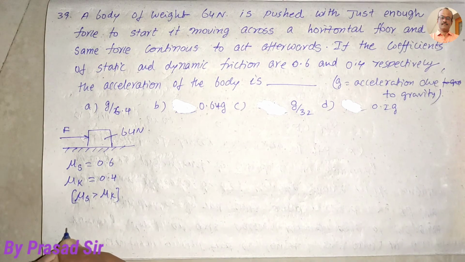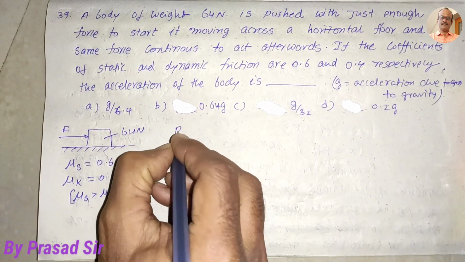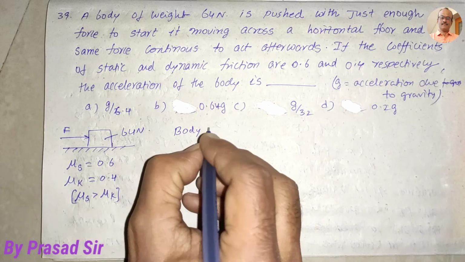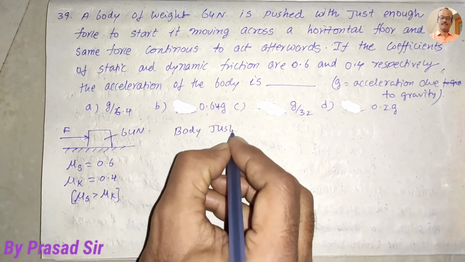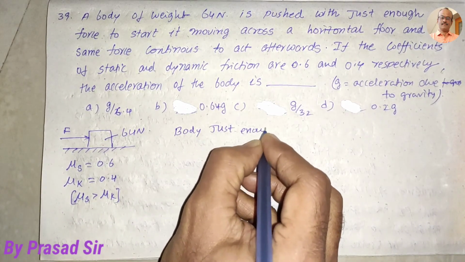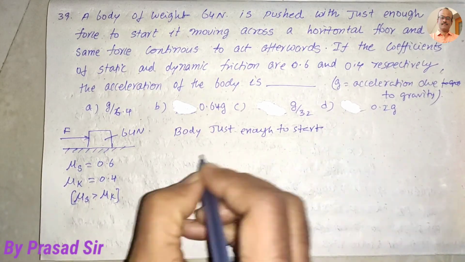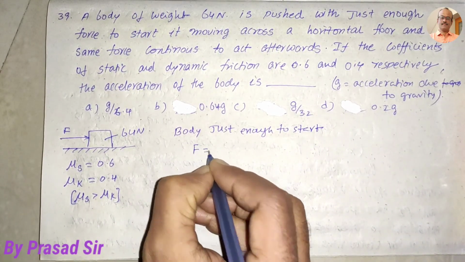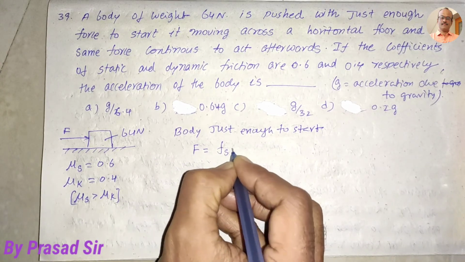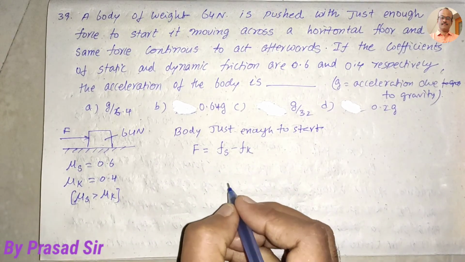So we will use this term: body just enough to start. That means capital F is equal to static friction minus kinetic friction.